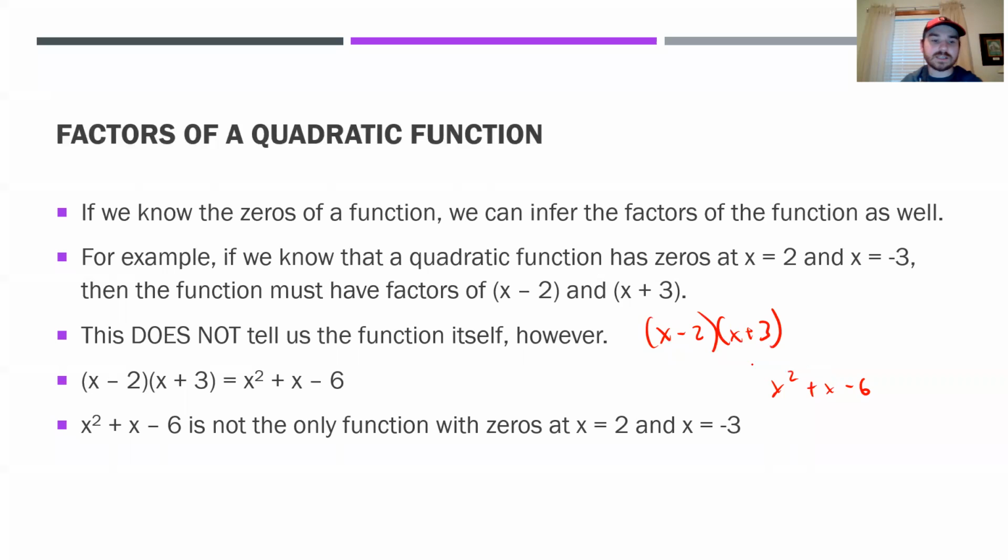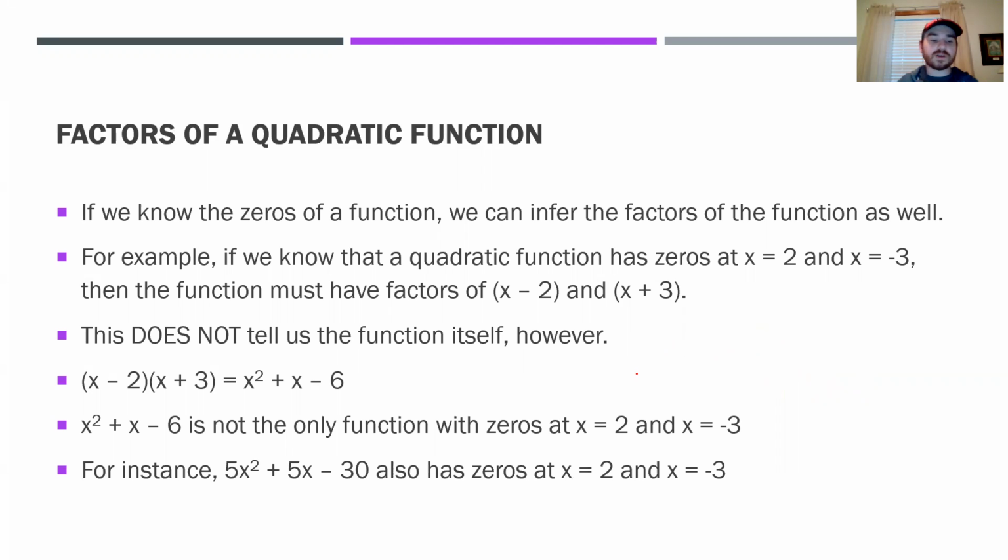X squared plus x minus 6 is not the only function with zeros at 2 and negative 3. For instance, 5x squared plus 5x minus 30 also has zeros at x equals 2 and x equals negative 3. If x is 2 here, you get 2 squared, that's 4 times 5, plus 5 times 2, minus 30. 5 times 4 is 20, plus 5 times 2 is 10, minus 30. 20 plus 10 minus 30 is 0.